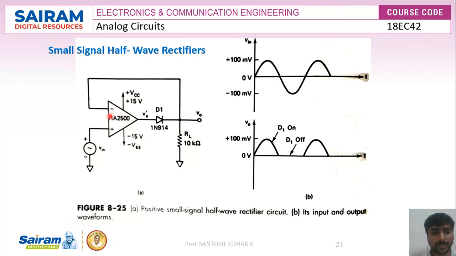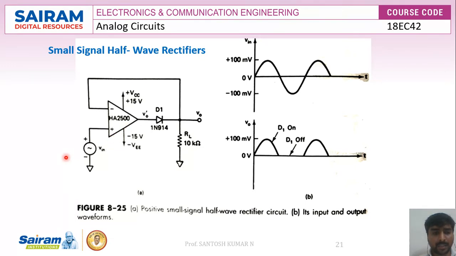The op amp has a very high open loop gain, normally of the order of 10 to the power of 5, which is very huge. So it automatically adjusts the output voltage so that it can drive this diode D1, and it rectifies the small signal input.